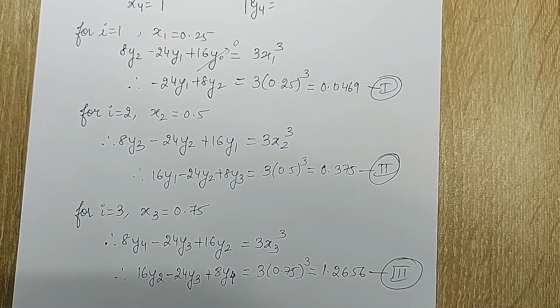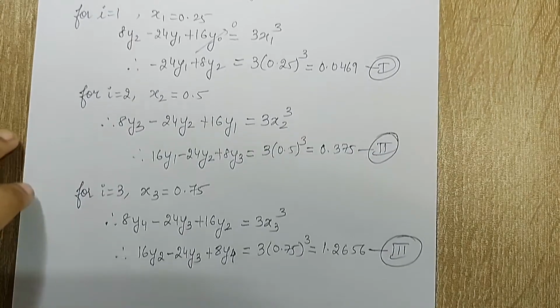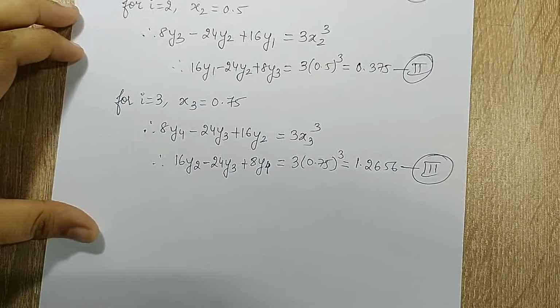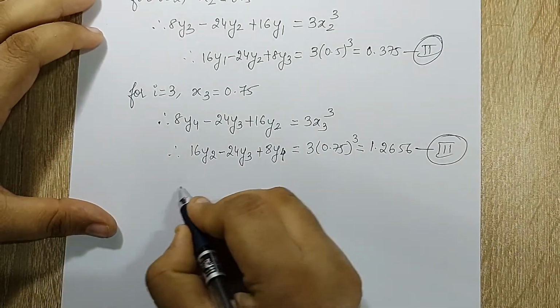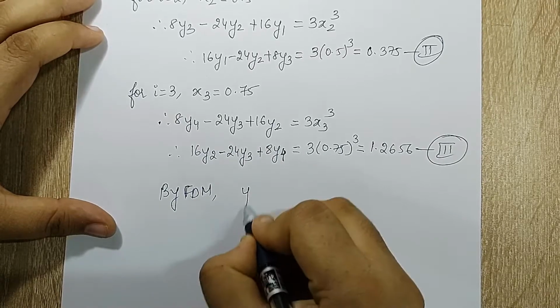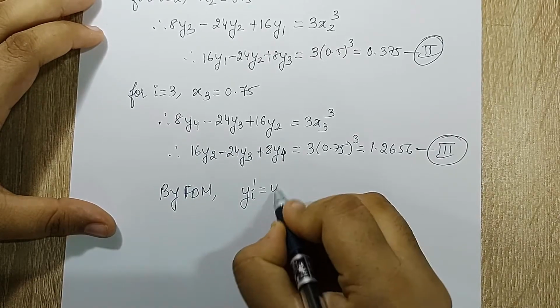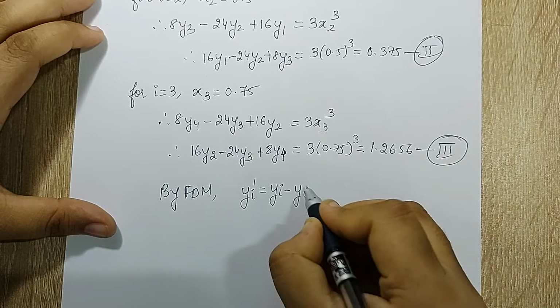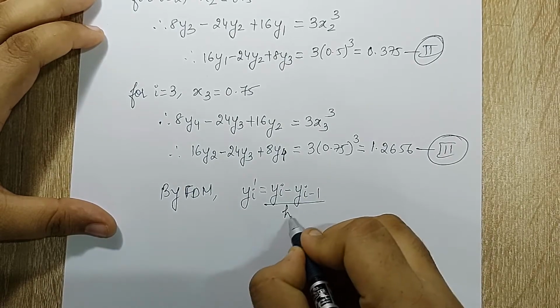If you observe equation 1, 2 and 3, there are 4 unknowns: y1, y2, y3, y4. It is not technically possible to solve like this. So what I am going to do is use another equation over here, that is, by FDM, I know yi dash is equal to yi minus yi minus 1 upon h.